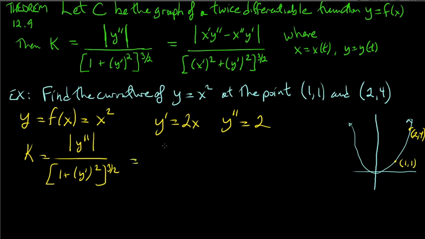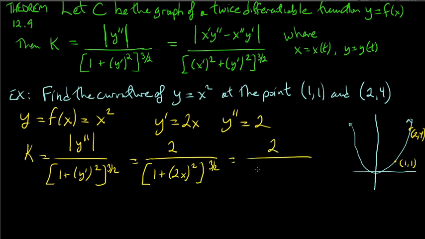So plugging in, y double prime is 2, so the absolute value of 2 is, of course, just 2. And then the denominator will be 1 plus (2x) squared, the whole thing to the 3/2 power. So you get 2 divided by 1 plus 4x squared, all to the 3/2 power.